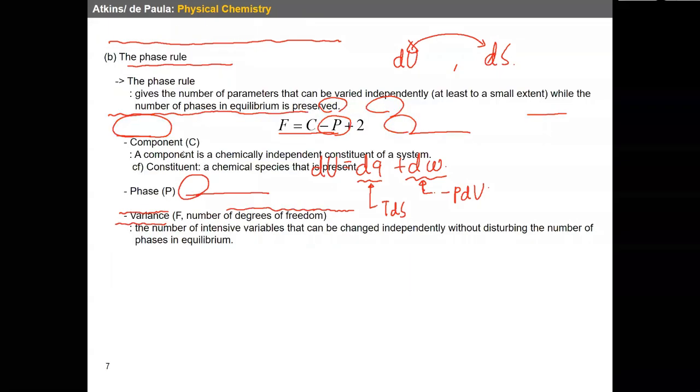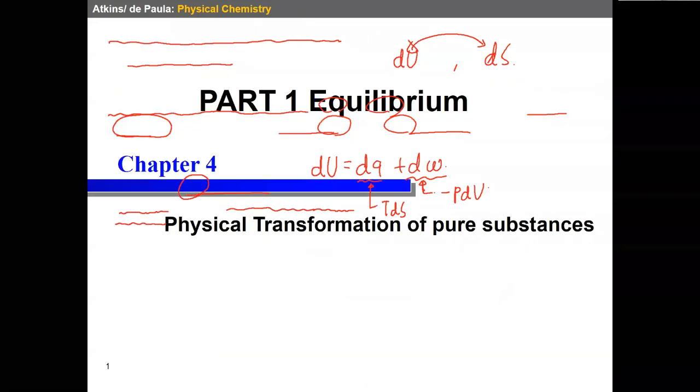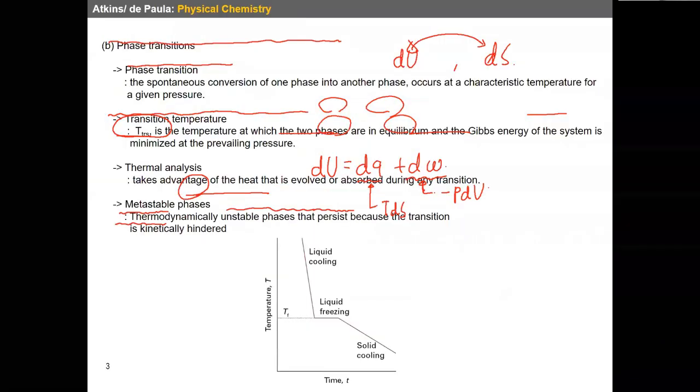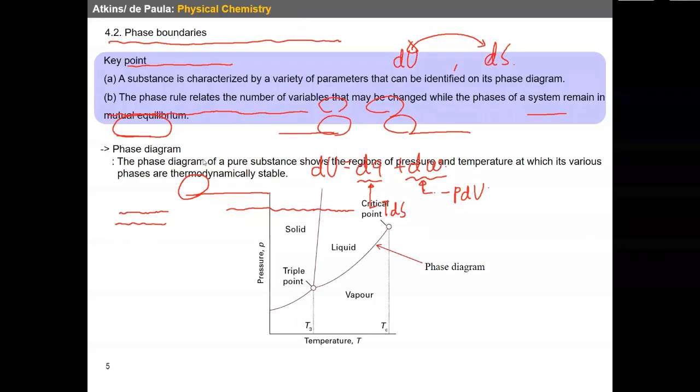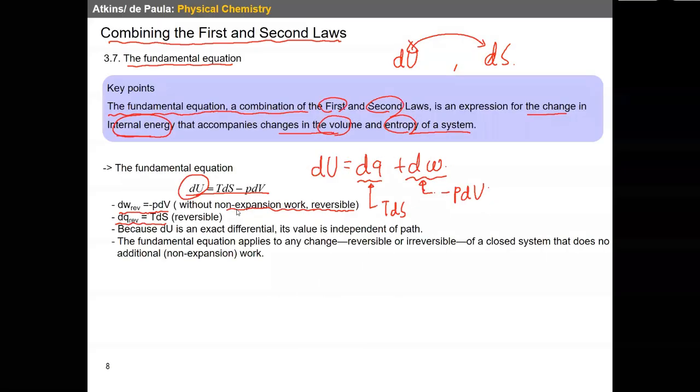In chapter 3, we learned this. Anyway, from these fundamental laws, we can put those terms here, and finally we have the final form: dU equals T dS minus P dV.